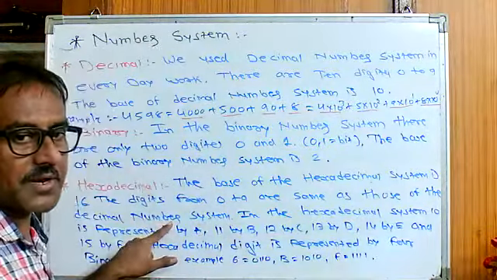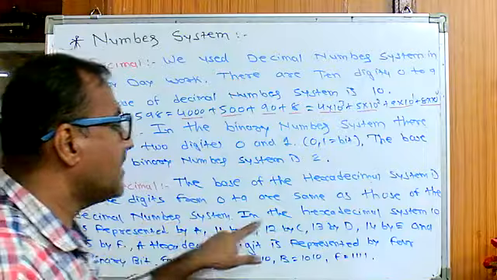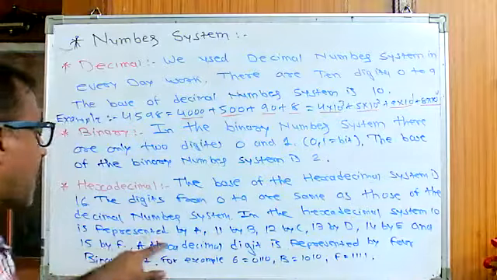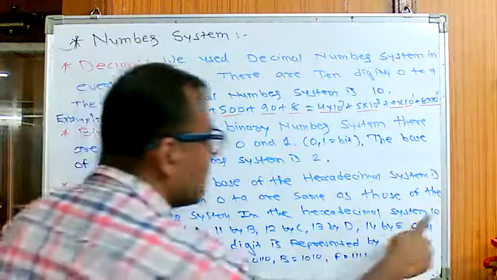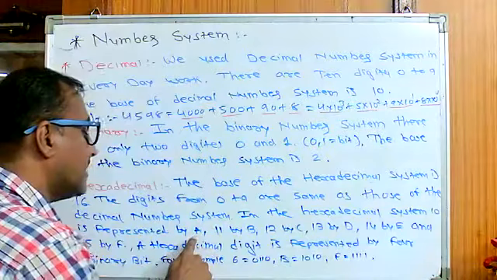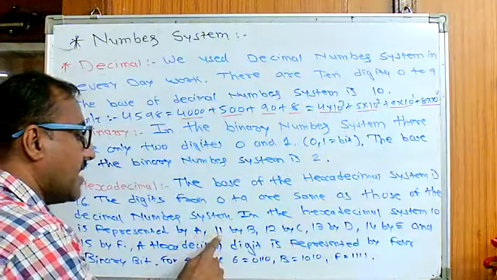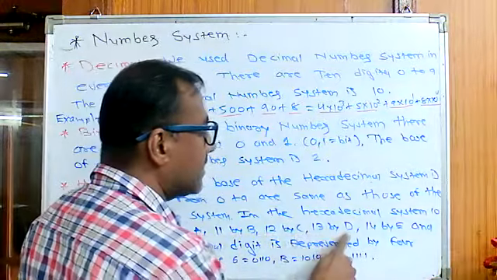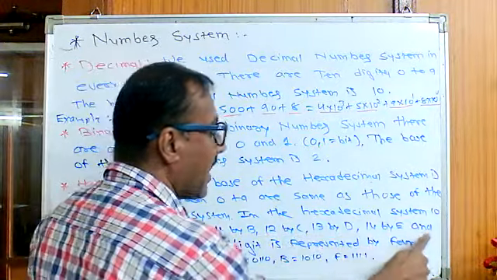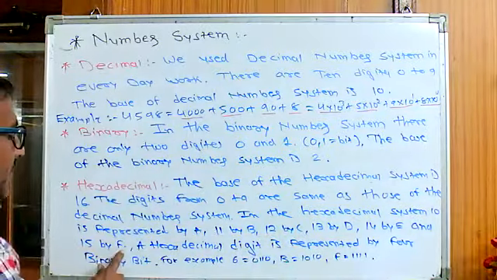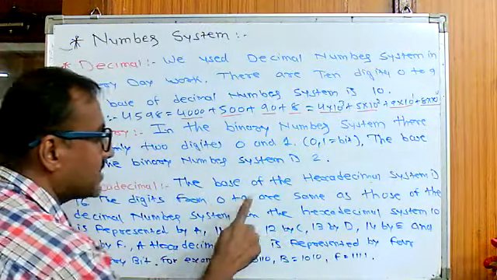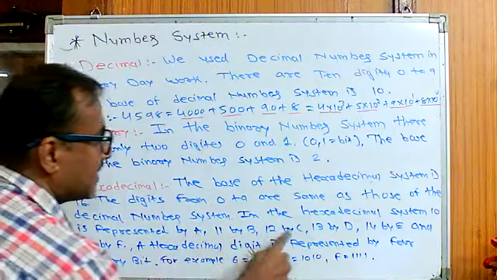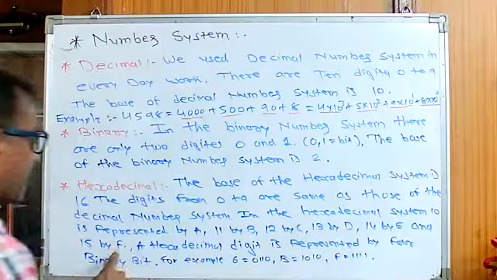In hexadecimal, decimal 10 is represented by A, 11 by B, 12 by C, 13 by D, 14 by E, and 15 by F. So 0 to 9 are the same as decimal, and then A, B, C, D, E, and F.